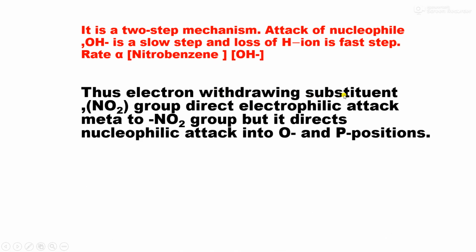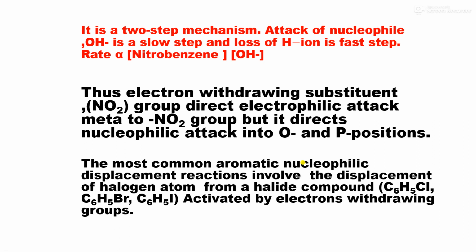Thus, an electron withdrawing substituent present in an aromatic nucleus directs electrophilic attack to the meta position, but in aromatic nucleophilic attack, it directs ortho and para positions. The most common aromatic nucleophilic displacement reactions involve the displacement of halogen atom from halide compounds C6H5Cl, C6H5Br, C6H5I, activated by electron withdrawing groups.